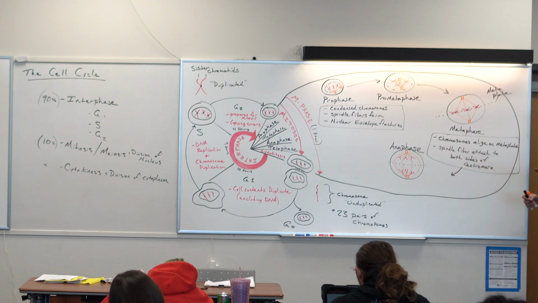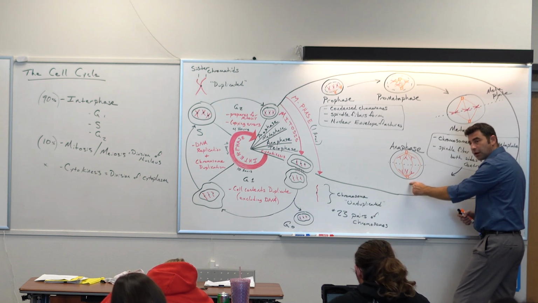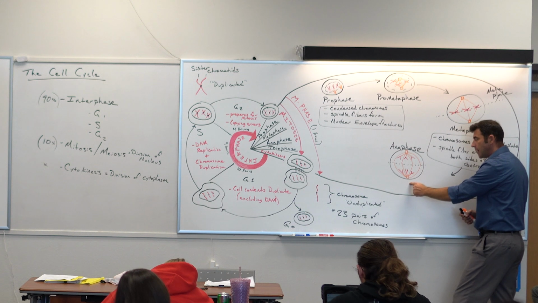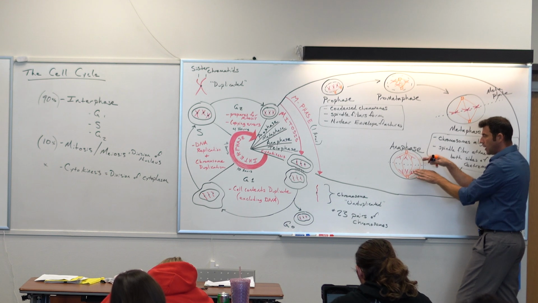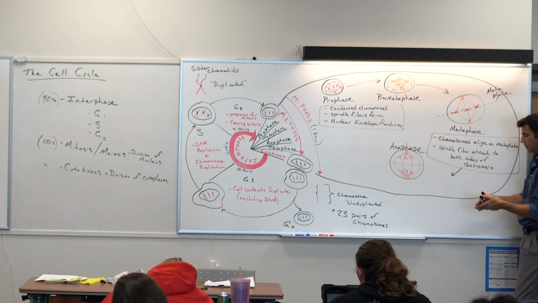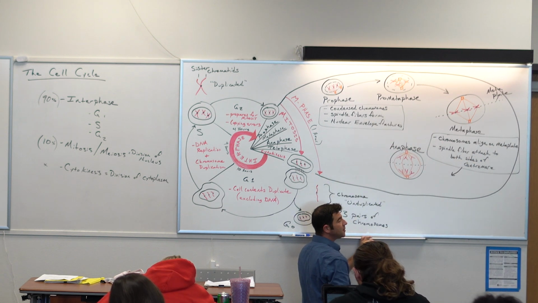So I just want to make that point that there are spindle fibers that are shortening. Those are the ones that are connected to the kinetochore proteins. And then there are also spindle fibers that continue to elongate here in the anaphase. And it's those ones that continue to elongate, they push these poles further apart. So let's add those two things. In anaphase, we've got chromosomes that separate.